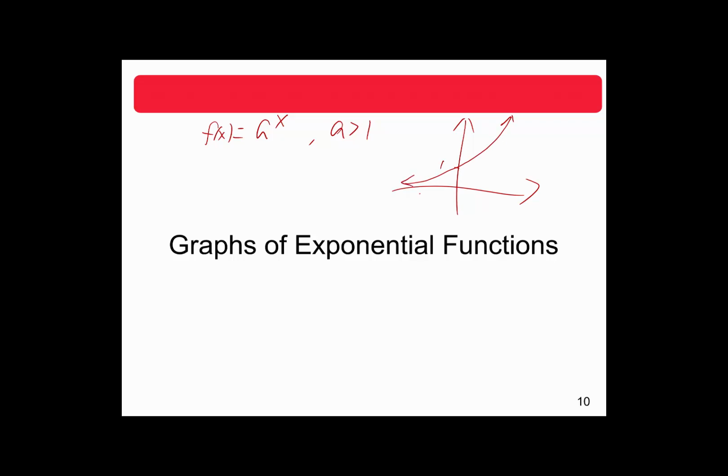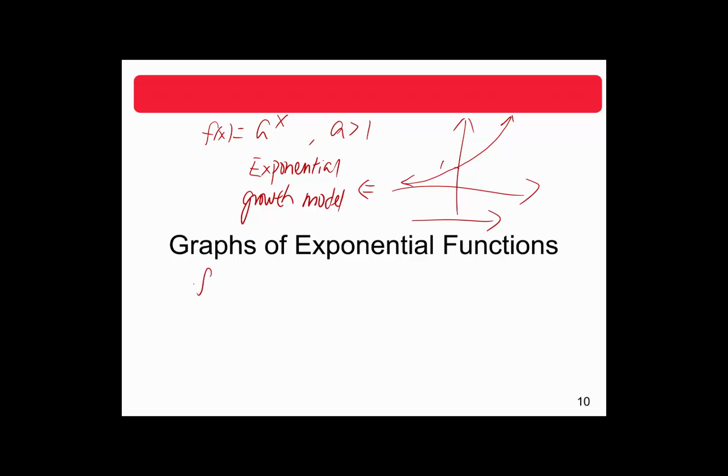This is the typical shape of the graph, and it's typically called the exponential growth model, because from left to right the graph is increasing all the way.